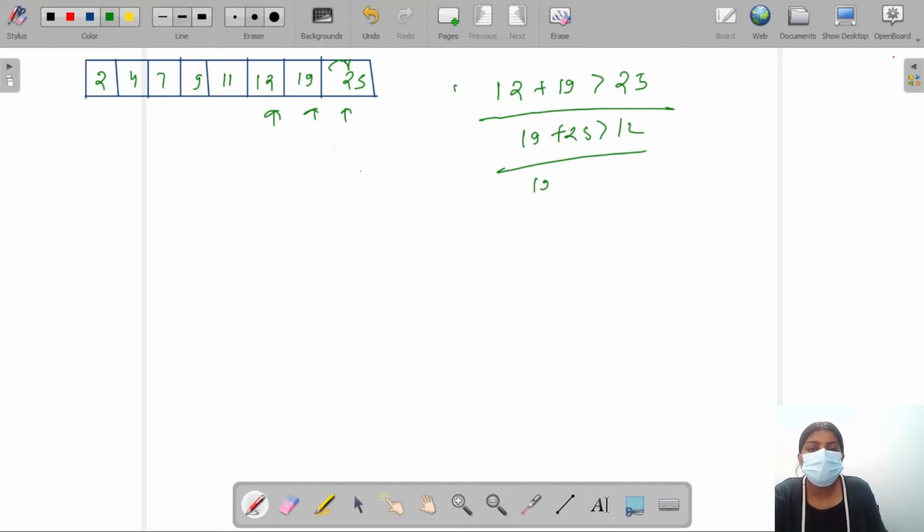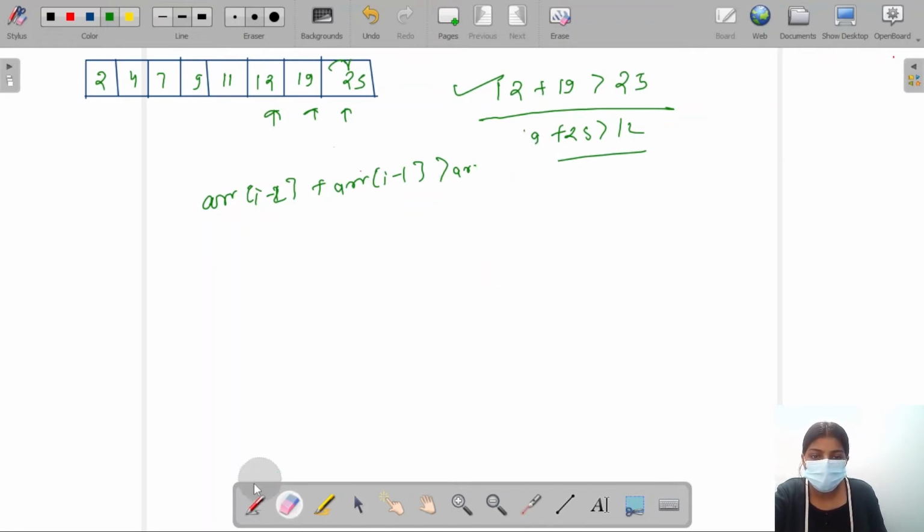So the only condition that I have to check is ARR of I minus 2 plus ARR of I minus 1 should be greater than ARR of I, right? This is the only condition that I have to check. Okay? Because this array is sorted and I take these three sides.